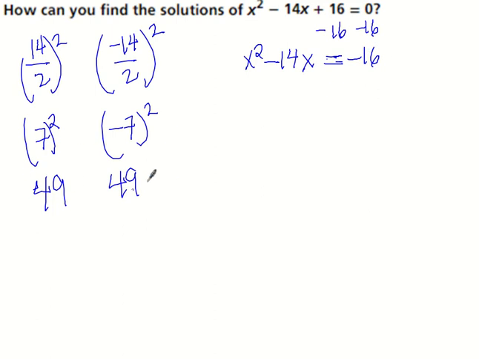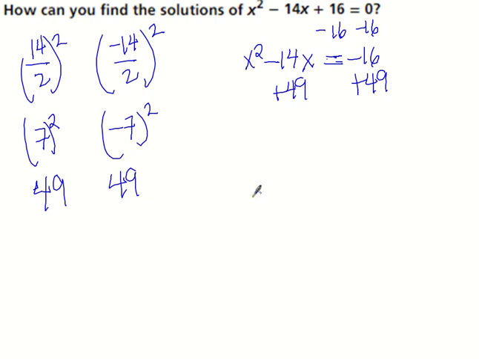So what we do with this is add it to both sides. I've actually not changed my problem, because I added 49 to both sides, it's still the same problem. It's almost like adding 0 to both sides, because I'm adding the same value to both sides, so both sides are still equal.